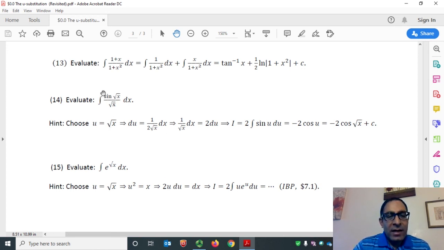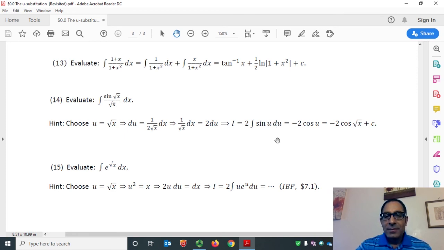Then here I have 1 over radical x dx, so let's multiply both sides by 2. Then 1 over radical x dx turns out to be 2 du. Then rewrite the given integral, I equals sine u, then 1 over radical x times dx is 2 du. So pull 2 out, du inside. Great.